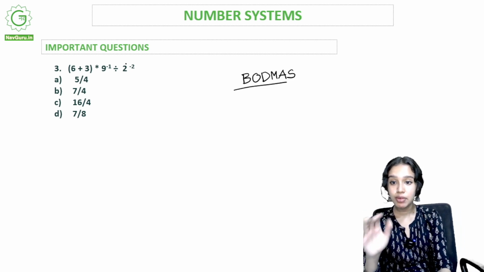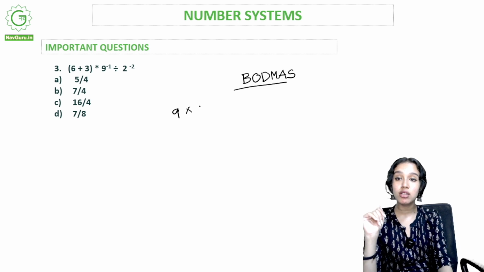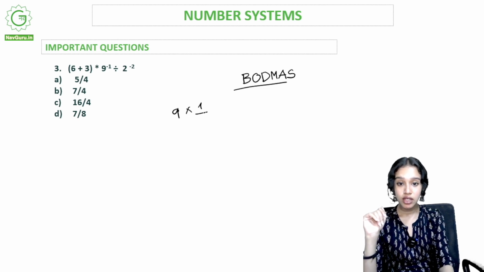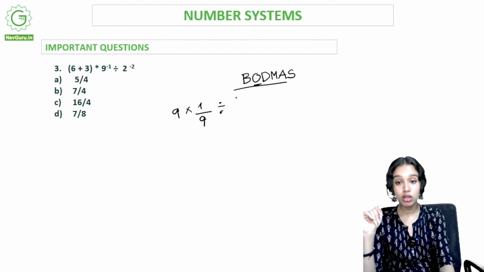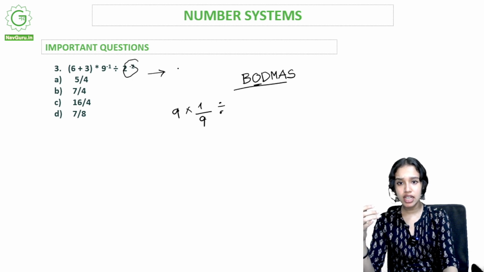So what is inside the bracket first? 6 plus 3. 6 plus 3 is 9 into, what is 9 inverse? We were talking about reciprocal of numbers. We know that 9 inverse is 1 by 9. Because we're solving orders next, divided by 2 inverse square. Here it is actually given 2 raised to minus 2. It's very simple what it means. It means 1 by 4.